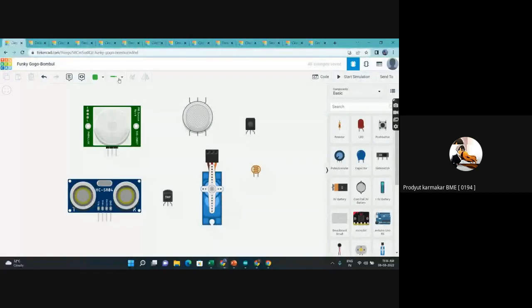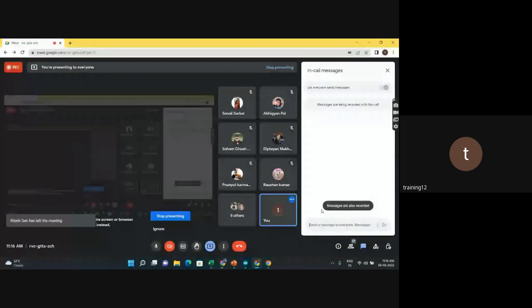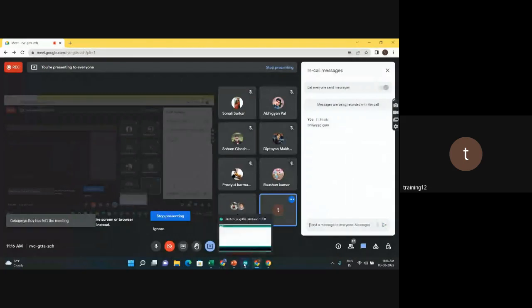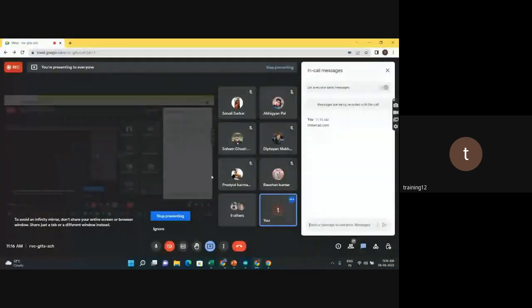Tinkercad.com. Do we need to sign up there?